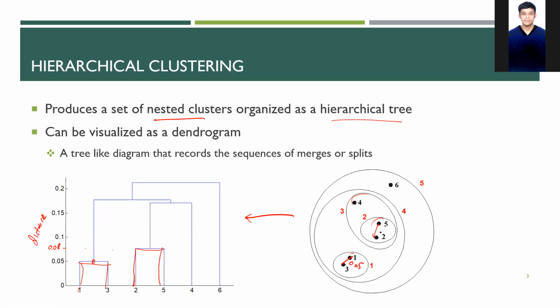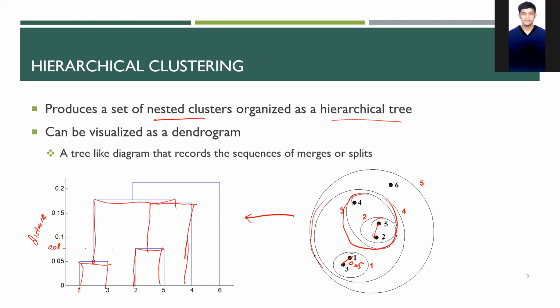Maybe, okay, we find the next smallest distance is 2, 5, and 4. So that's why 2, 5, and 4 will be put in one subcluster like this. Okay, and then we continue again.